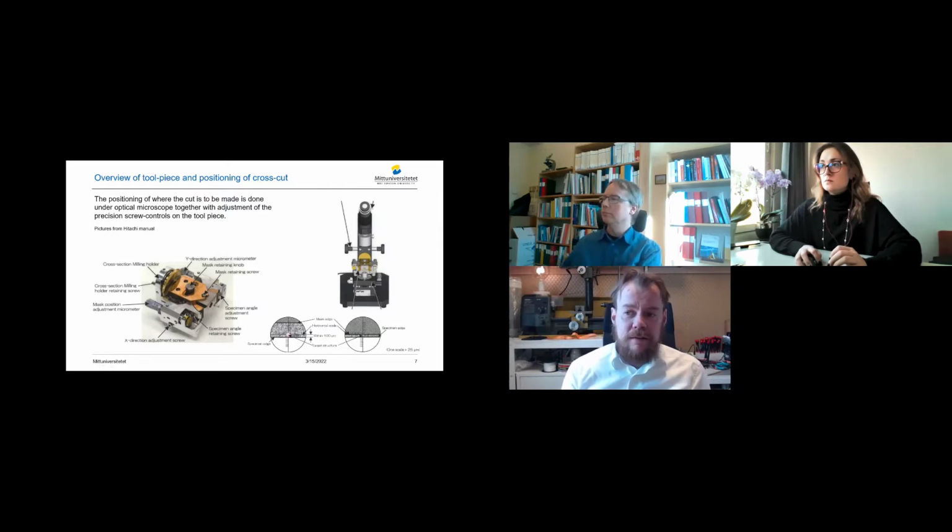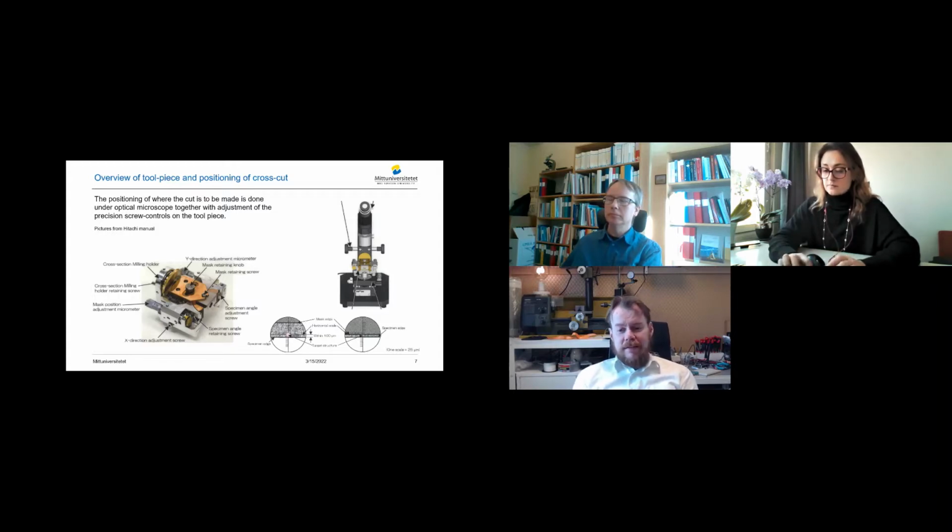Here we can see the disadvantage compared to a focused ion beam technique, where you have the resolution of a scanning electron microscope to help guide where you want your cross-section area to be. Here it is an optical technique instead, so the precision is limited to these optical techniques.